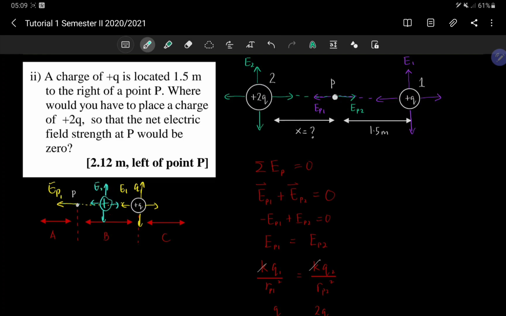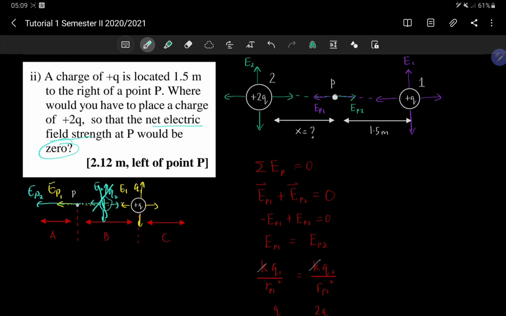This is E2, which is by Q2. In this case, we elongate the line, so E2 is still directed to the left. EP1 is directed to the left, and EP2 is also directed to the left, so they are not cancelling each other, isn't it? So the net electric field here cannot be 0, so it's not suitable to be here.